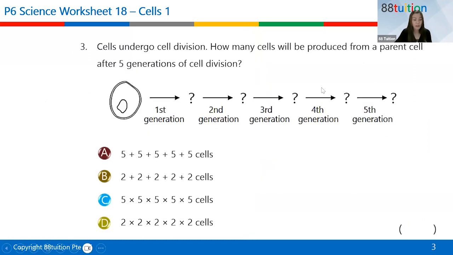Next one. Cells undergo cell division. How many cells will be produced from a parent cell after 5 generations of cell division? Any idea? What does it mean? You see, cell division, first generation, they put a question mark. So what's the meaning? What do you understand by division in mathematics?